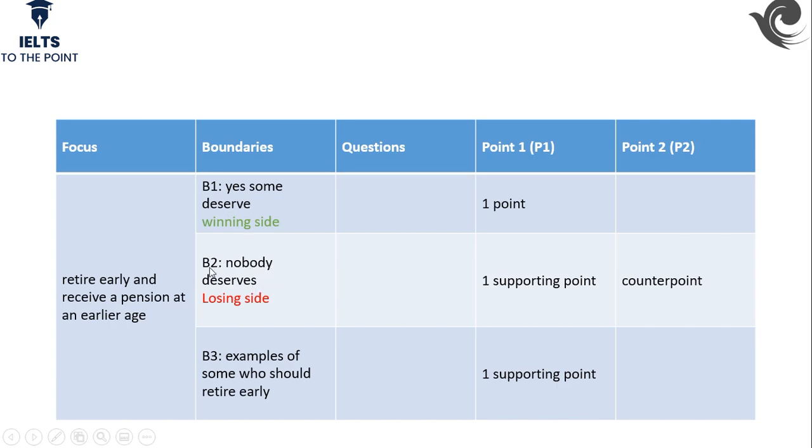Remember, if you think that this is the winning side, this example then does not mean much. But since they have specifically asked you to give the example, boundary 1, that yes, some people deserve to retire early and receive a pension at an earlier age, this boundary 1 should win. Any questions till this point?